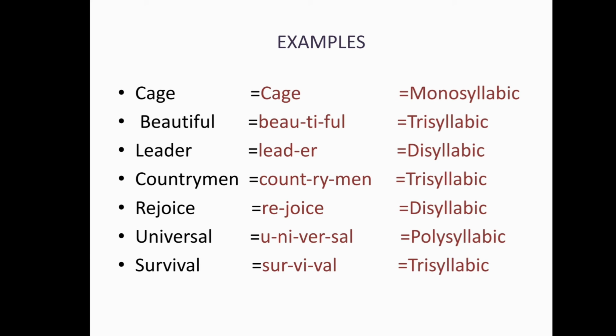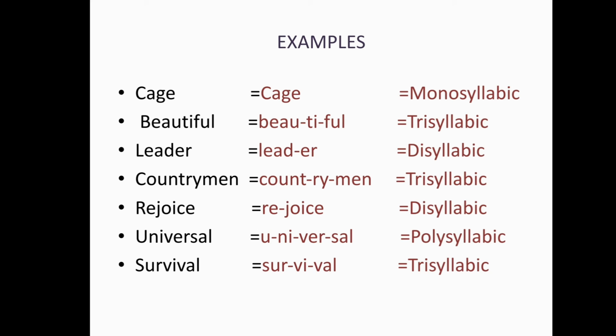The word countryman, which has three vowel sounds, can be syllabified into three syllables as coun-try-man, a trisyllabic word. Then the word rejoice has two vowel sounds and it can be divided into two syllables. It is a disyllabic word.